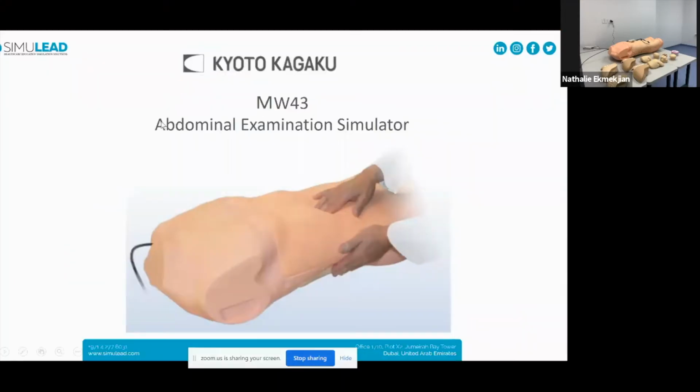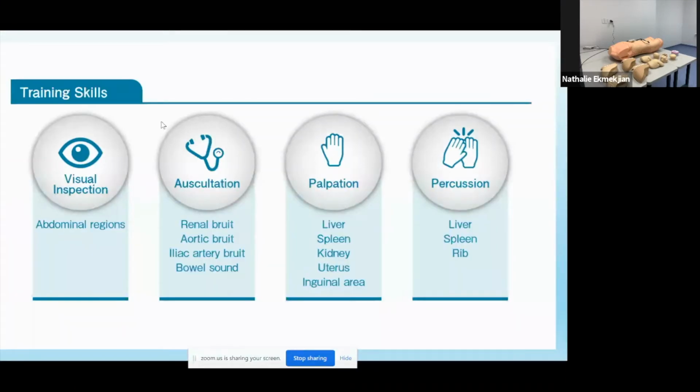Okay. I believe you are able to see my screen. So as I said, today's demonstration is about the abdominal examination simulator MW43 from Kyoto Kagaku. What are the training skills for this simulator? First of all, we can observe, so the visual inspection for the abdominal regions.